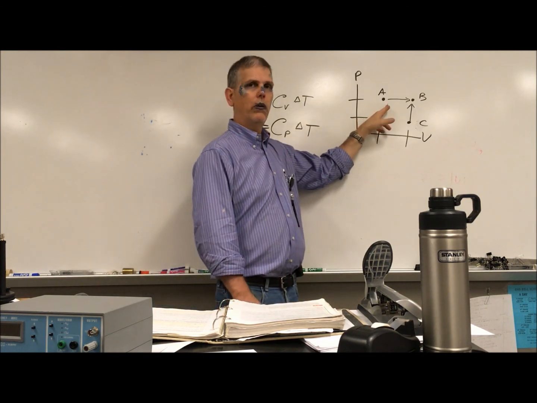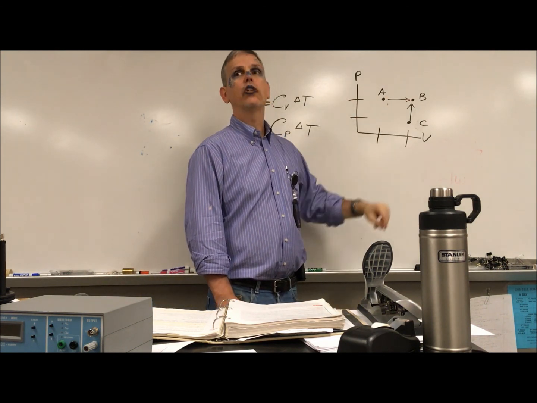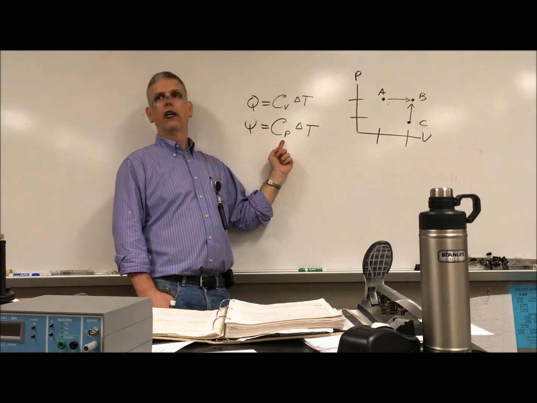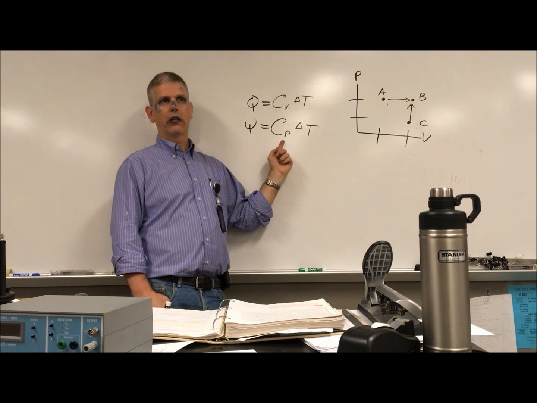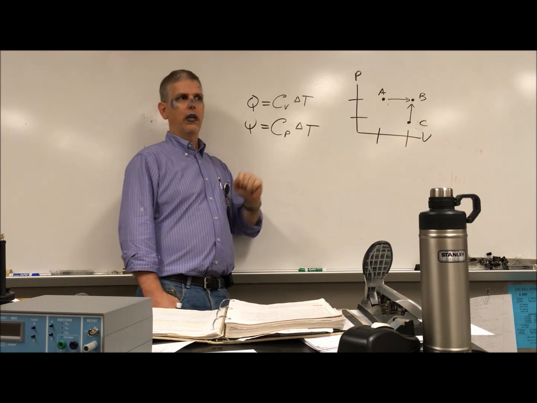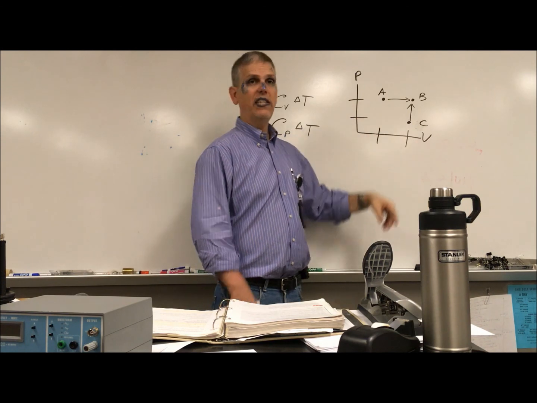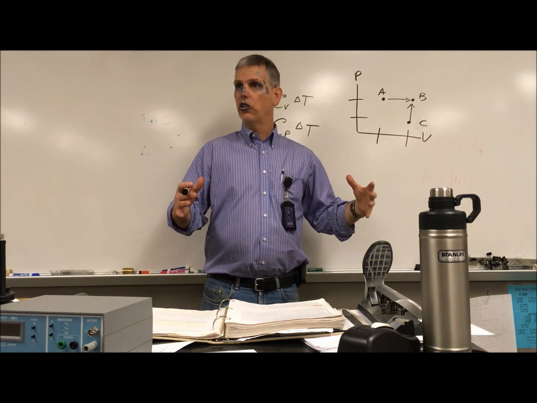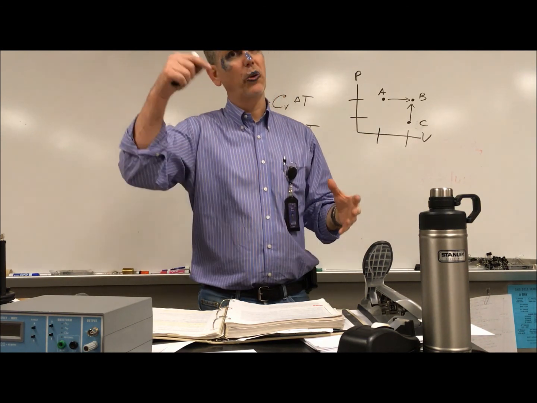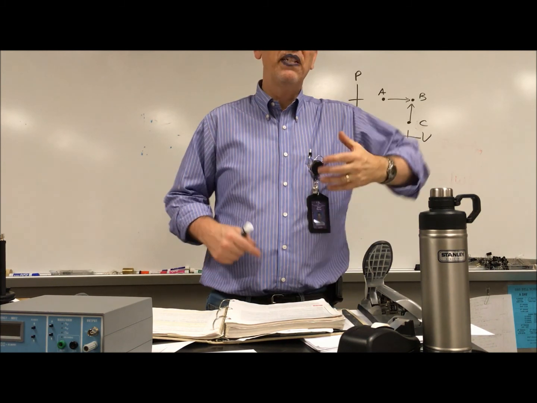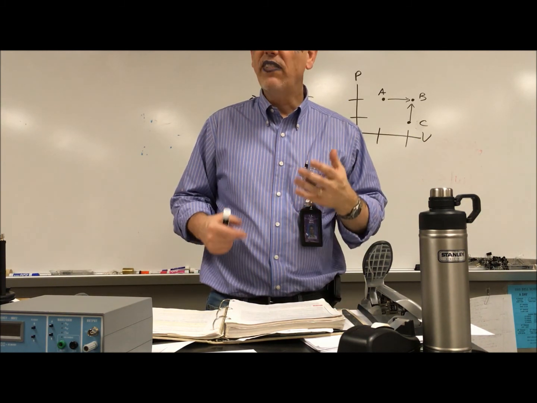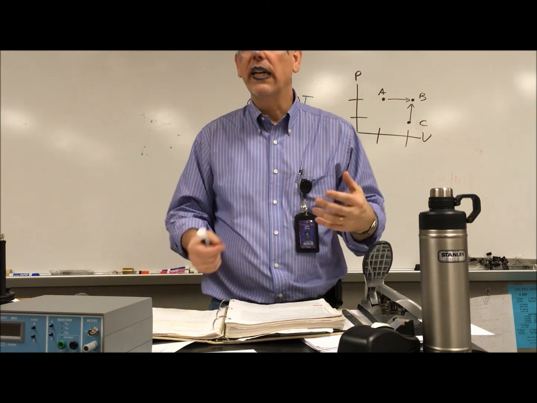But now, we're going to go from A to B isobarically at constant pressure. And in this case, it's expanding also. So as it expands, its temperature goes down. So to reach the same temperature, we have to add extra heat.